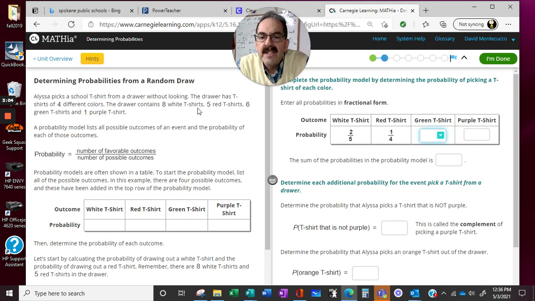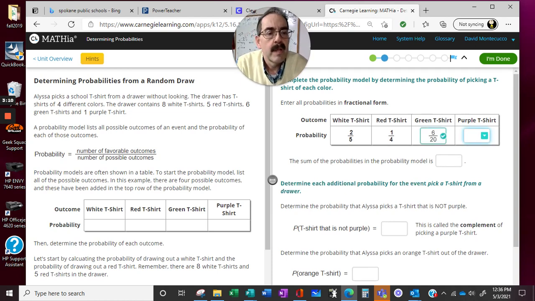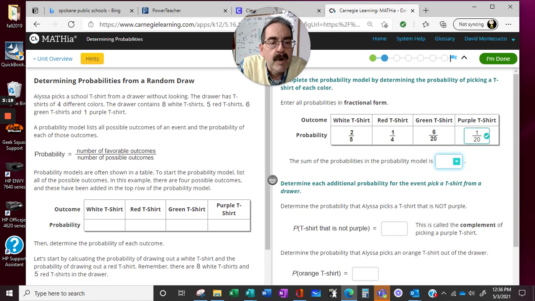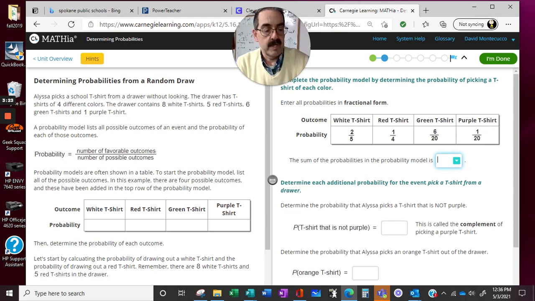Okay, 8 out of 20. Simplified. So a green t-shirt. Green, 6 out of 20. Okay. Purple. 1 purple. 1 out of 20. The sum of the probabilities is 20 out of 20.